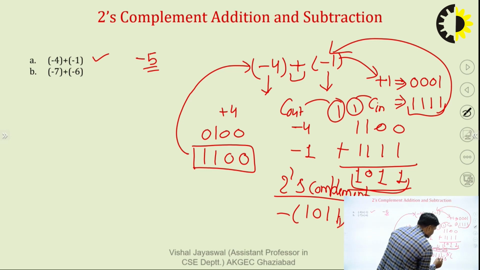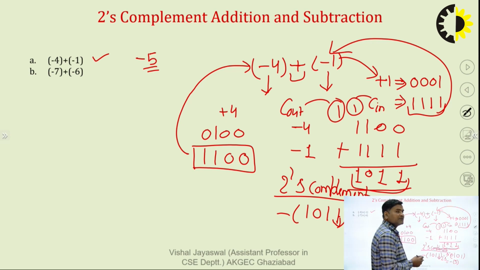This becomes 1, this becomes 0, this becomes 1 and this becomes 0, and with the minus, this resultant is minus 5. So we can say that we can add minus 4 and minus 1 and get the result minus 5.